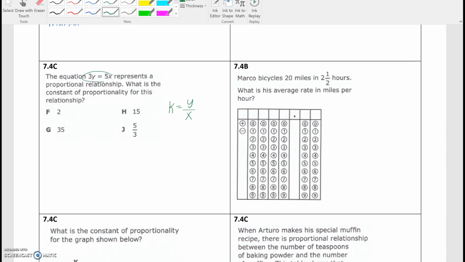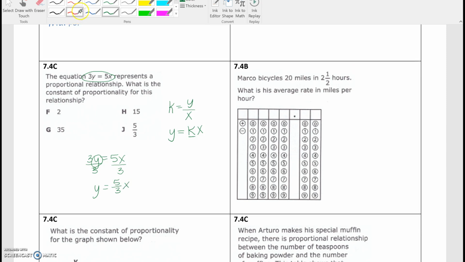So they gave us this formula here, but we need to first get y by itself, because when we have an equation, it's y equals kx. So we only can have k as a number, all right? So if I have 3y equals 5x, I need to get y by itself. So to do that, I'm going to divide both sides by 3. So I have y equals 5/3 x, right?